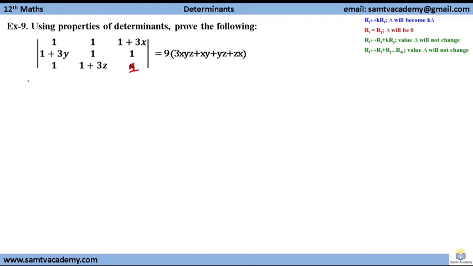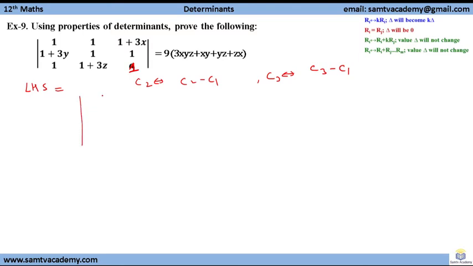Now we will start with left hand side. So first step what we'll do, we will replace C2 with C2 minus C1 and C3 is replaced with C3 minus C1. So column we are doing. So let's write what we have done.